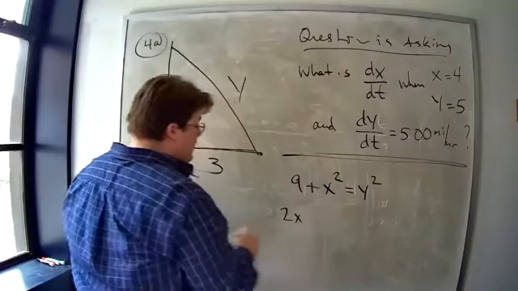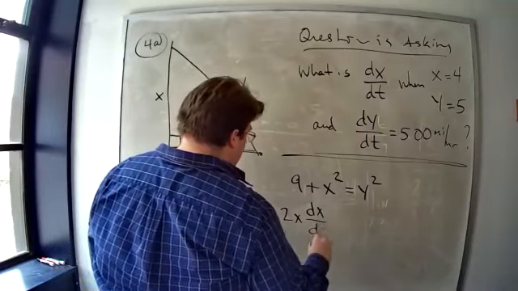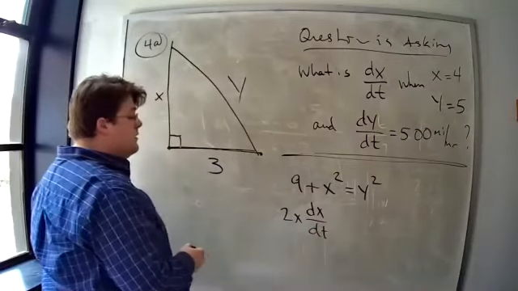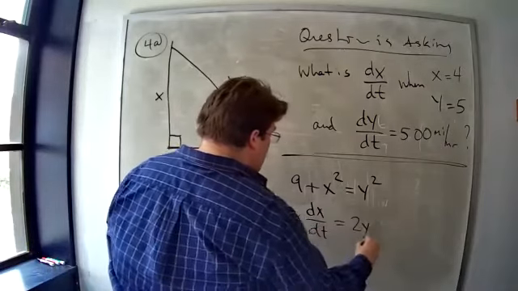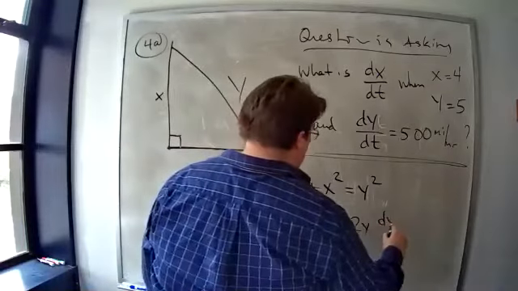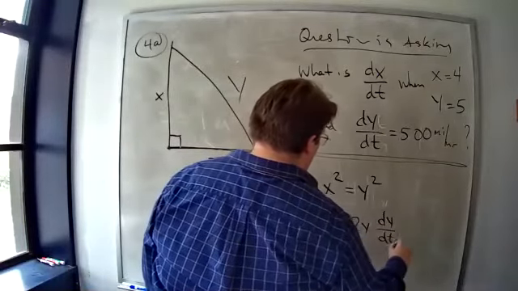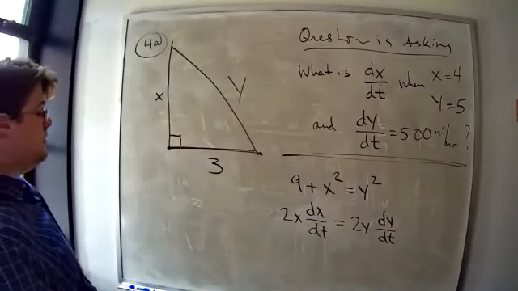X is a function of time, so we get 2x times the derivative of x with respect to time by the chain rule. On the right side, similarly, y is a function of time, so we get 2y times dy/dt.